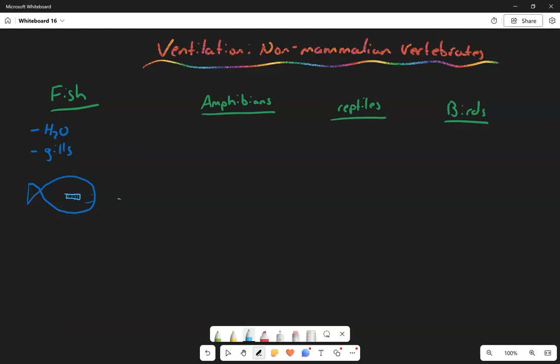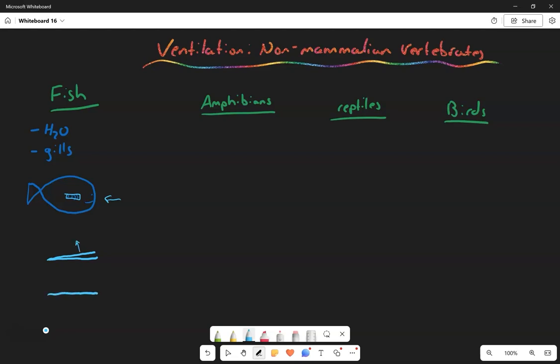So if we sort of look into the fish, and take that frontal view, what we'll see is that you have the body of the fish, and then you have that operculum. Okay, so what's going to happen is that this operculum is going to open up.